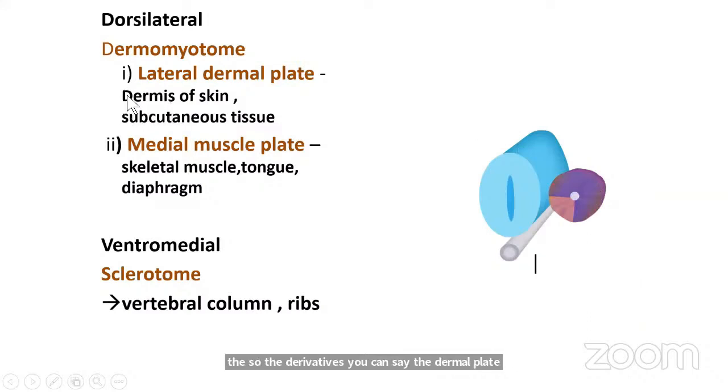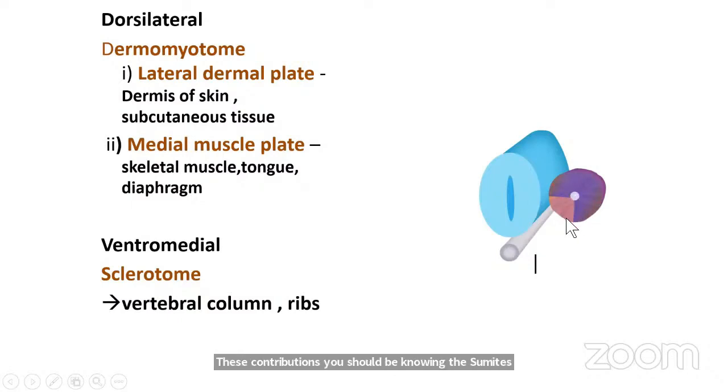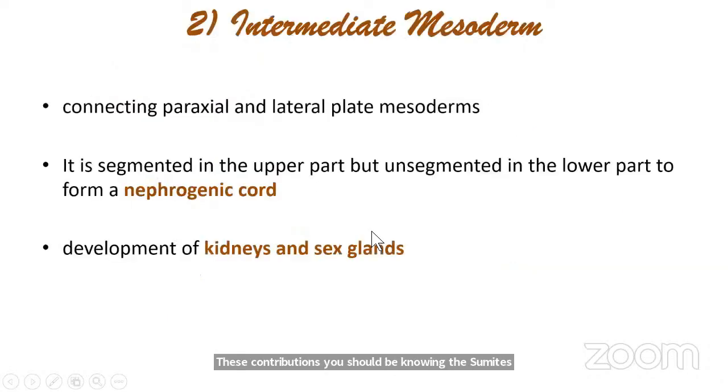It is not the epidermis, it is the dermis of the skin and subcutaneous tissue. Medial part or the myotome part forms the skeletal muscle, tongue and diaphragm. The ventromedial part, the sclerotome, forms the vertebral column and the ribs. These contributions you should be knowing, the somites and their derivatives: dermal plate, muscle plate and the sclerotome and their derivatives.